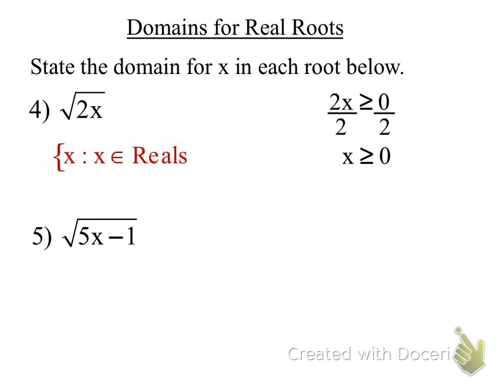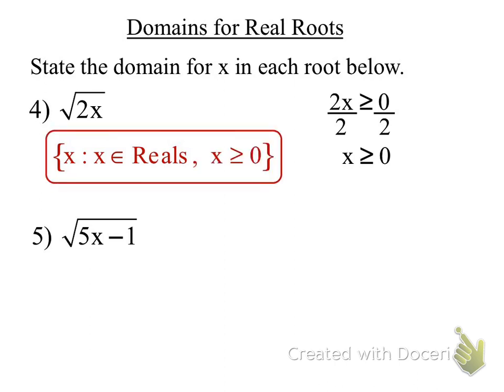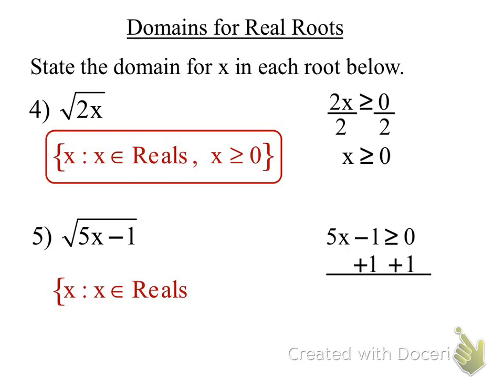So x has to be greater than or equal to 0. Okay, it's getting more complicated. I set 5x minus 1 greater than or equal to 0. I always set what's under the radical to greater than or equal to 0. I add 1. I divide by 5. So x is an element of the reals, but x is greater than or equal to 1/5.